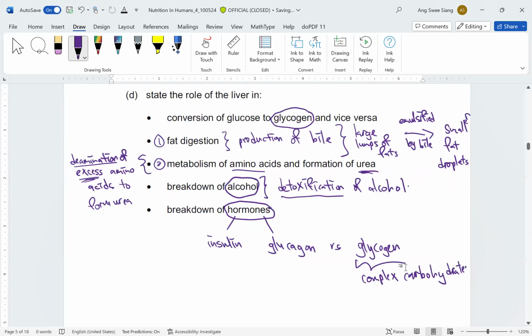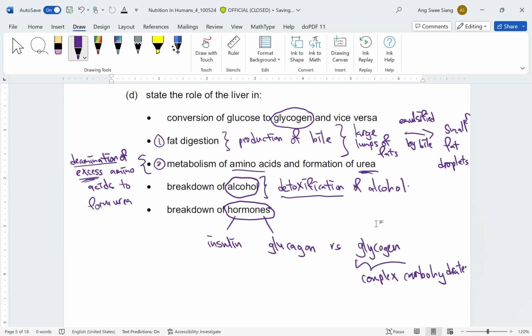For insulin and glucagon, you all need to understand we have a lot of hormones being produced in our body. After they have performed whatever function that they need to perform, after some time, these hormones will be broken down, and they will be broken down in the liver. Full stop.